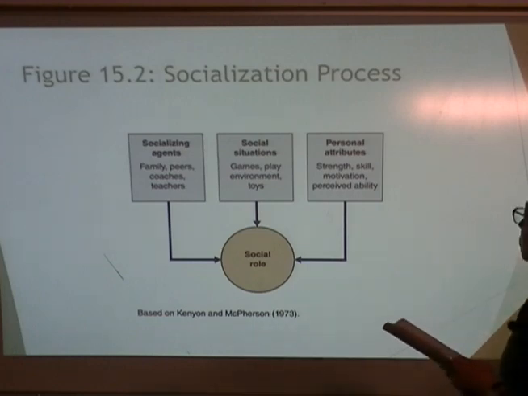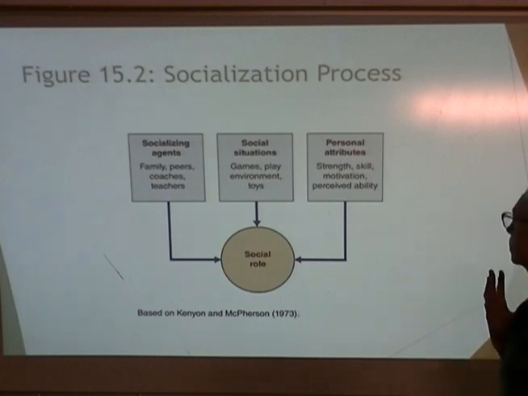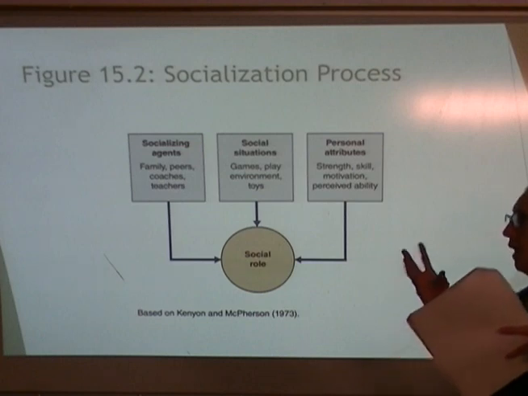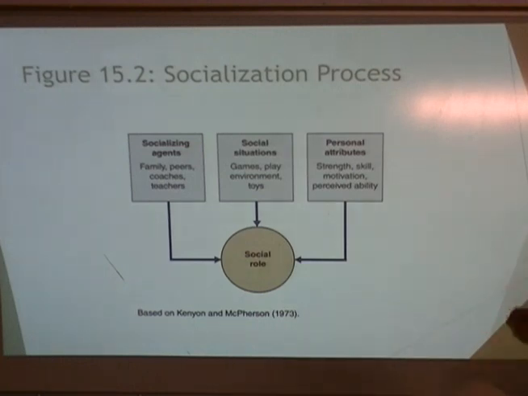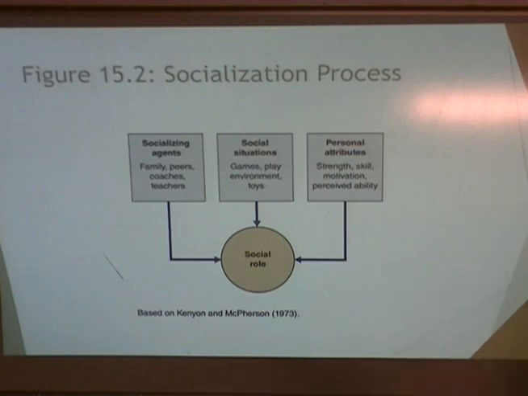So, my socialization within a group has three elements to it in this particular model, all right? So the role that I think I play in society has these three elements, right?